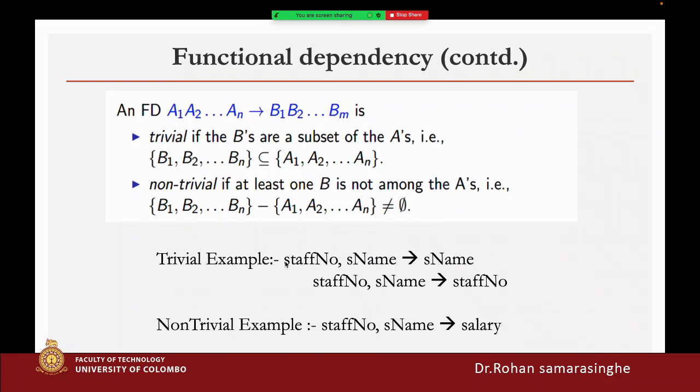So a trivial example: staff number, SSN implies SSN, or staff name, or staff number. A non-trivial example is staff number, SSN, from which you can get the salary. For the trivial example, from staff number, staff name, you can access the staff name. This is trivial. Non-trivial is where you can access a separate attribute.